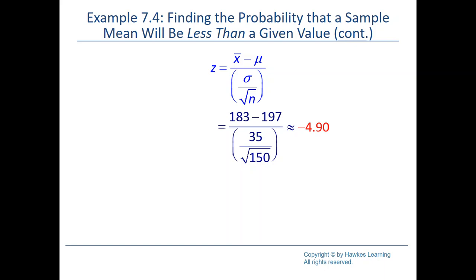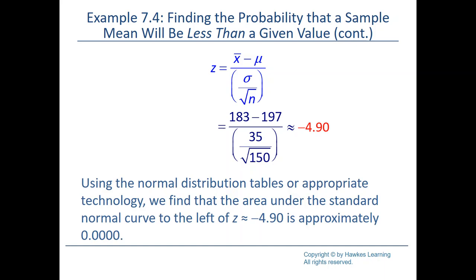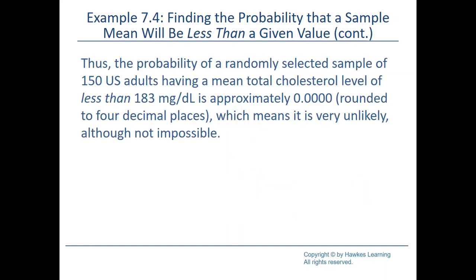Using our table, you'll notice that you're pretty much going to be told the table value is 0.0000, which says it's pretty unlikely that a randomly selected sample of 150 adults will have a mean less than 183.